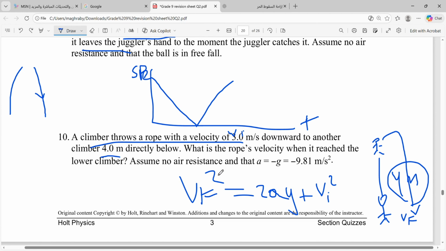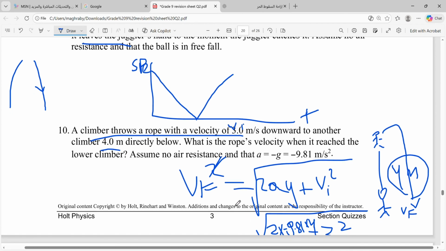I just like to cancel this square and put here root, and I'll say here root of 3 squared, plus 2 times a, equal to negative 9.81, but don't forget to move this negative out of the power. Negative 9.81. Y is equal to what? 4 meters.